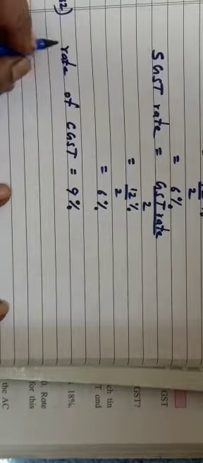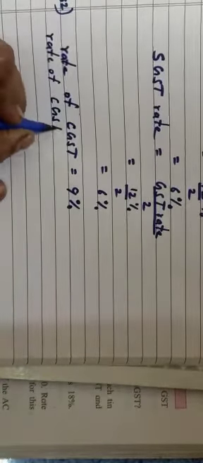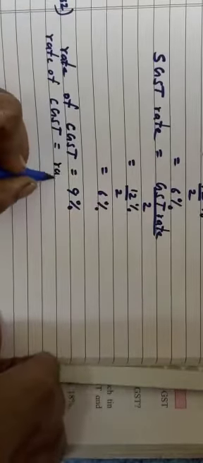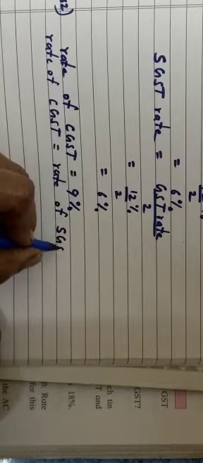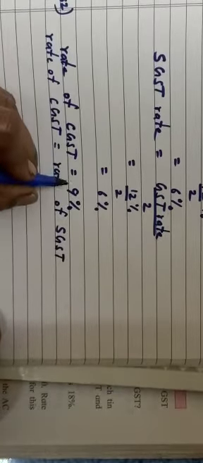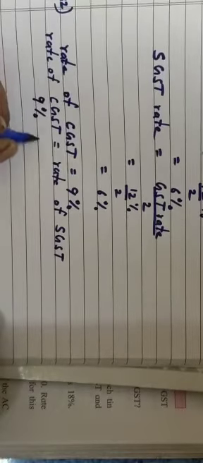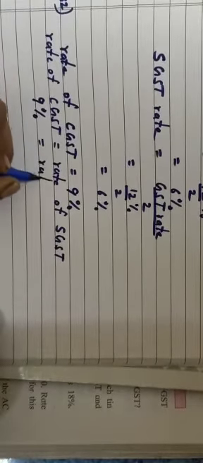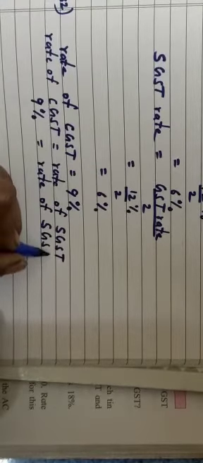So according to the knowledge we have, the rate of CGST is equal to the rate of SGST. This we know. But what is the CGST rate? 9%. So we will write here 9%. So what we will get? Rate of SGST.